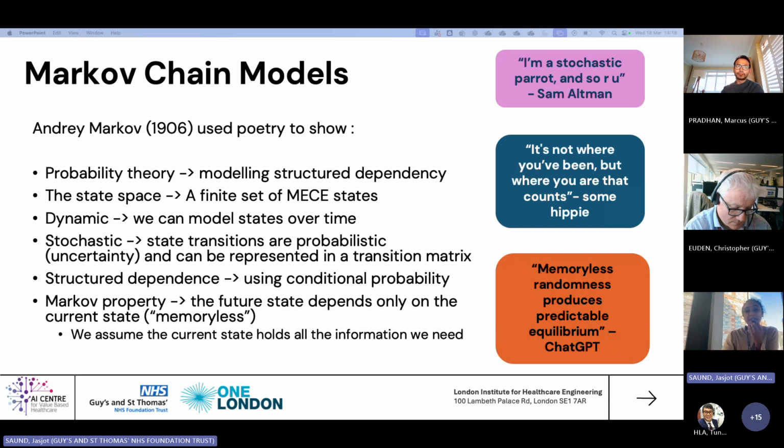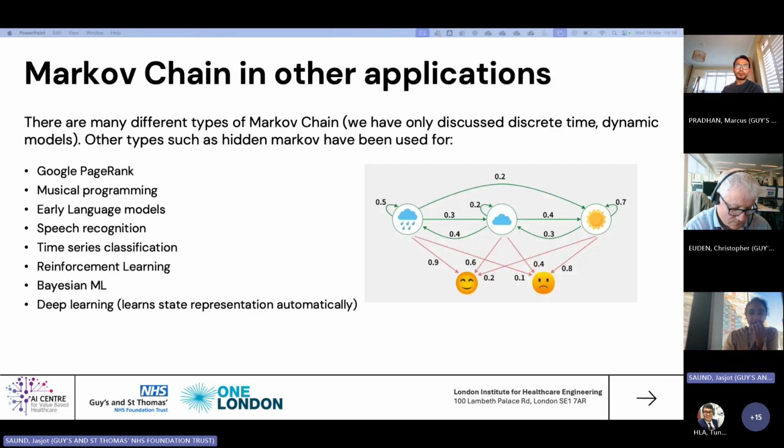And they are used in lots of other applications. So there are different types of Markov chain. We're just going to cover discrete time dynamic models, but there's also something called hidden Markov models, and that forms the basis for a lot of well-known modeling like Google PageRank, early large language models, speech recognition, Bayesian learning, deep learning, and reinforcement learning.